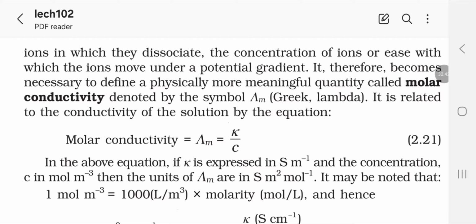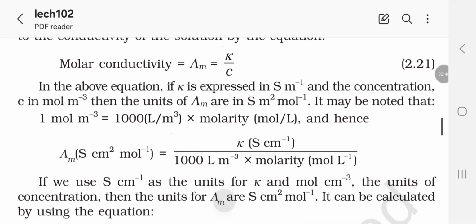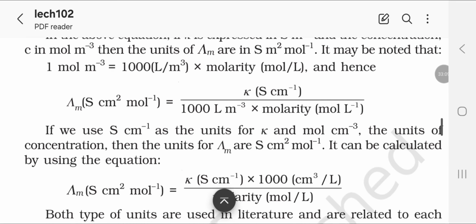In the above equation, if κ is expressed in Siemens per meter and the concentration C in mol m^-3, then the unit of Λm is Siemens meter square per mole. It may be noted that 1 mol/m^3 is equal to 1000 times molarity, and hence Λm = κ/(1000 L/m^3 × molarity).